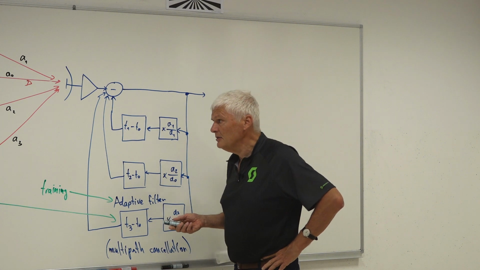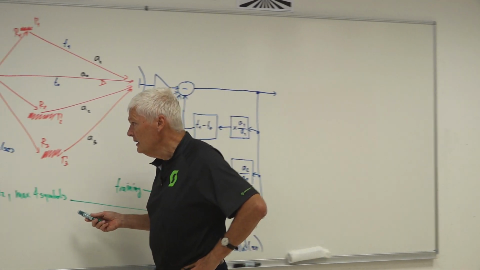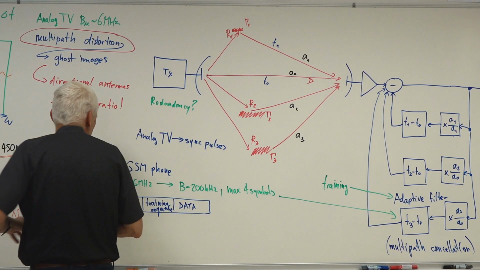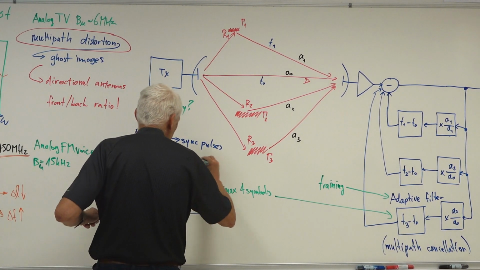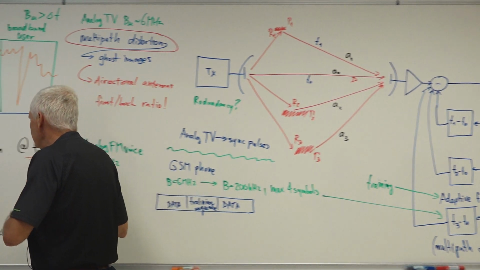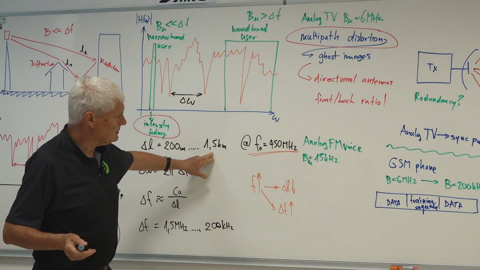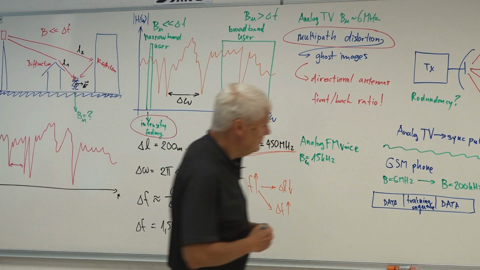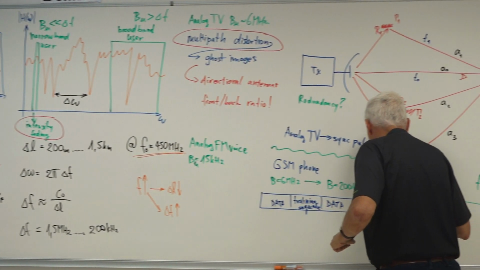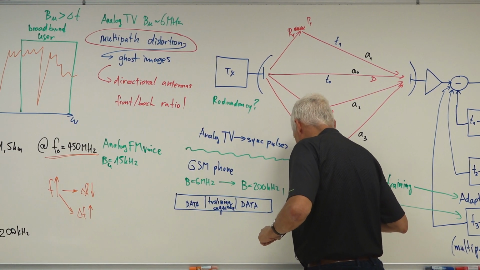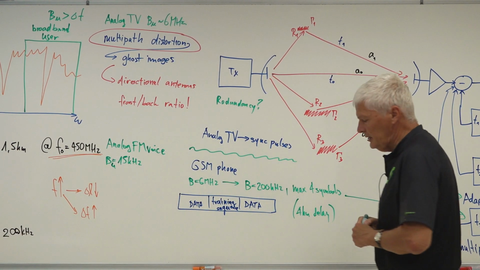Perhaps here the GSM phone may handle a delay of, say, some 4 kilometers. The corresponding delay to 4 kilometers.